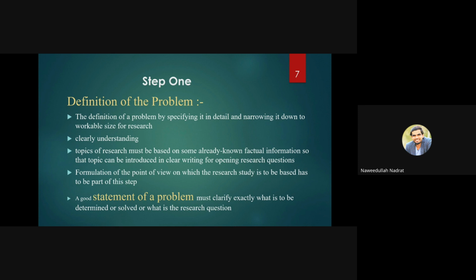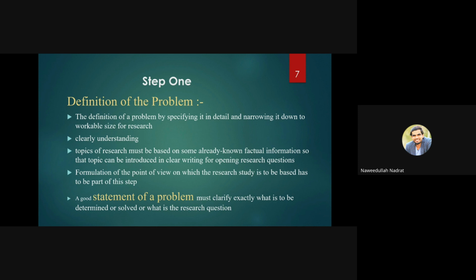Statement of the problem means you are supposed to define what indicators you are going to focus in your study. This actually is complicated in the sense that you cannot be very general, number one. You cannot be very broad. Number three, you cannot be very vague.